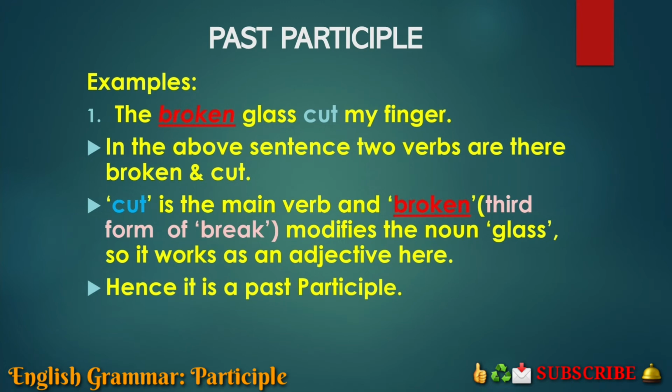So it works as an adjective here. You know that the word which describes or modifies the noun is called an adjective, and so it is a past participle in this sentence. Okay, students, have you understood?